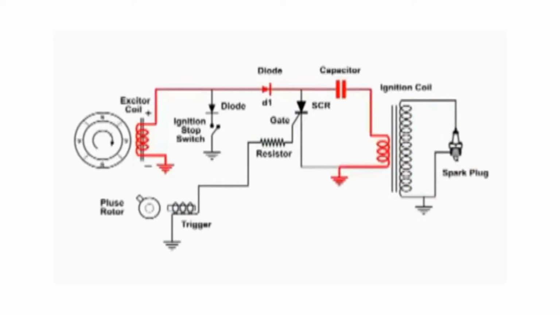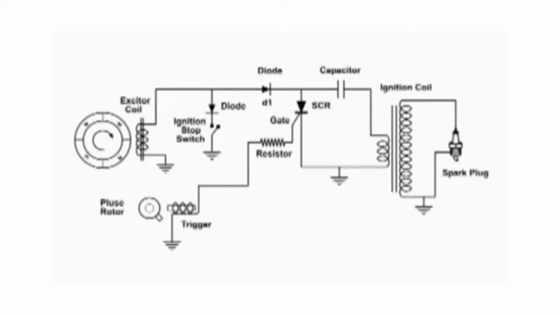Now the rotation of these will depend on the requirements of the motor, and I chose a rotation pattern strictly for demonstration purposes. Up and a little bit to the right is the ignition stop switch.